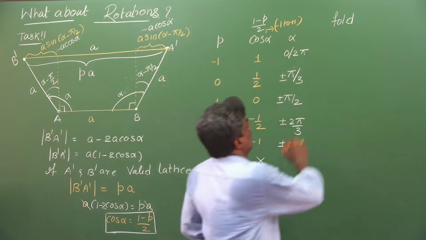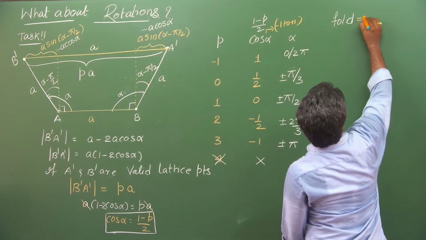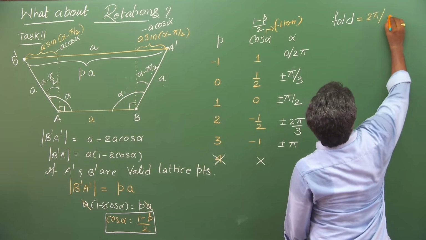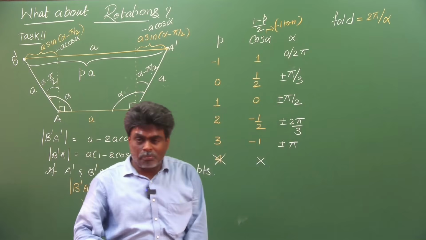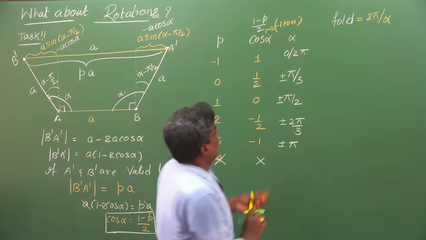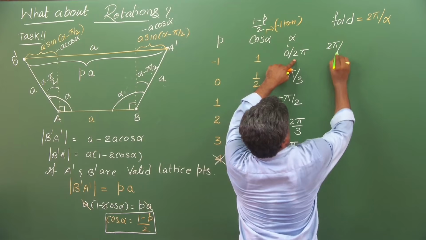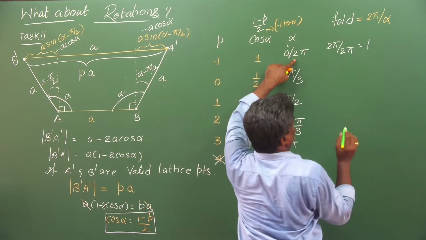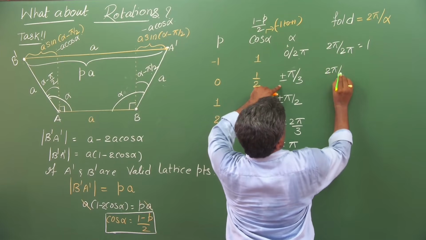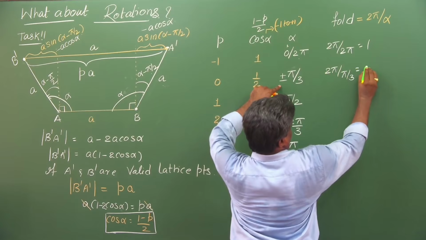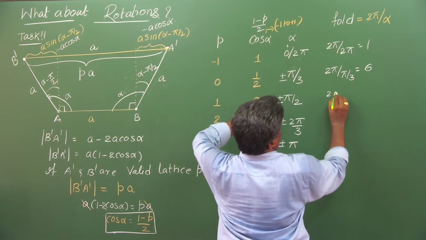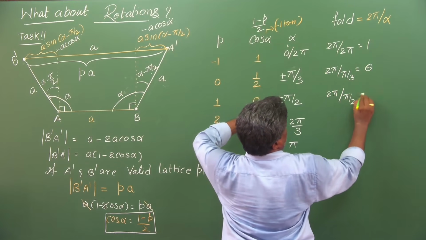Good. Now the fold is defined as 2 pi by alpha. Now the first one, here take 2 pi, don't take 0. 2 pi by 2 pi. Answer. Next, 2 pi by pi by 3. 2 pi by pi by 2.